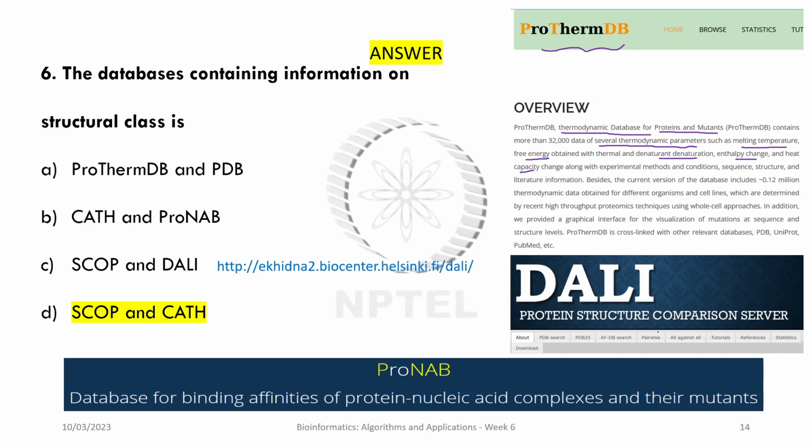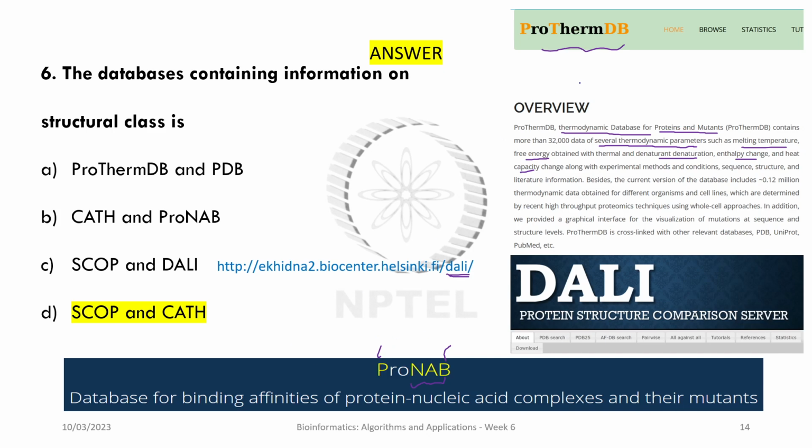And DALI is a protein structure comparison server. We might probably look into it in further classes where we will be comparing 3D structures. And this is the link for DALI. And ProNAB is a database for binding affinities of protein-nucleic acid complexes and their mutants.